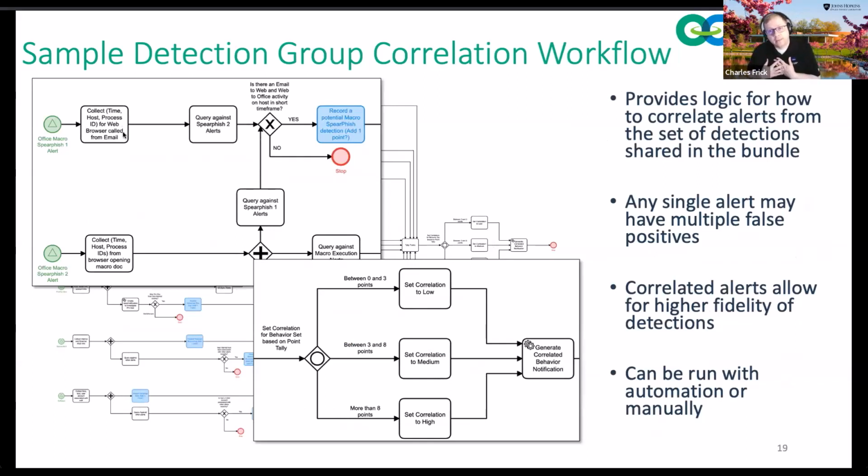We use this in our examples to build SOAR workflows to run the correlations, and then based on how tight the correlation is, we will trigger response playbooks. But these could be run manually if one wished, but we're trying to design them to make it easy for people to understand the logic and build their own automation or have their vendors or MSSPs build automation for them.